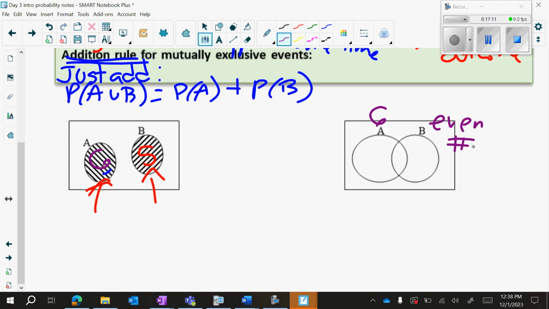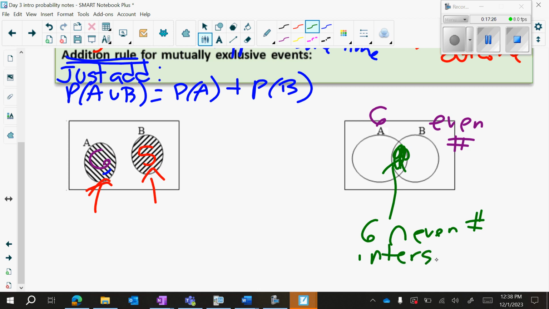Now it gets a little crazy because it turns out that there is an overlap or a shared outcome of a 6 and an even number. And that is called the intersection. So if there is an overlap or an intersection, it gets a little more complicated because then you can't just add, because if you do, you're going to be counting some things twice, okay?